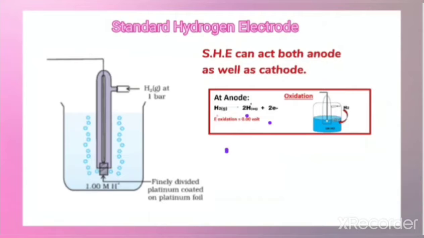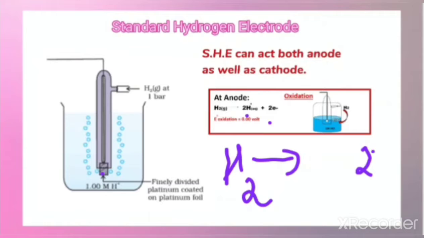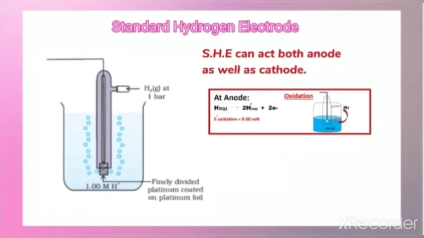So the hydrogen gas which is bubbled at the site of reaction, that is at the platinum foil, loses 2 electrons and forms 2 hydrogen ions. So what will be the reaction? That is H2 giving rise to 2H plus plus 2 electrons.